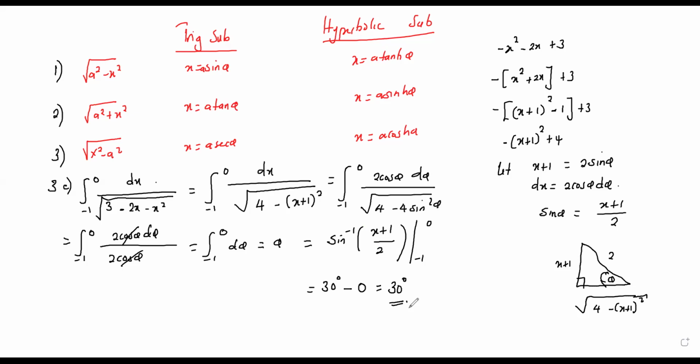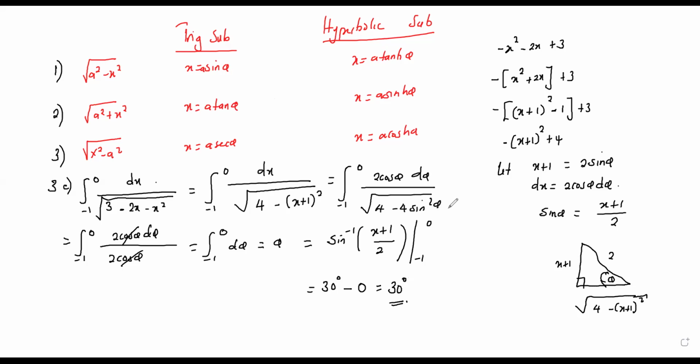Since theta is supposed to be the angle. So easy there. From the square root of 4 minus 4 sine squared theta, how have you calculated for you to end up with 2 cos theta in the denominator?